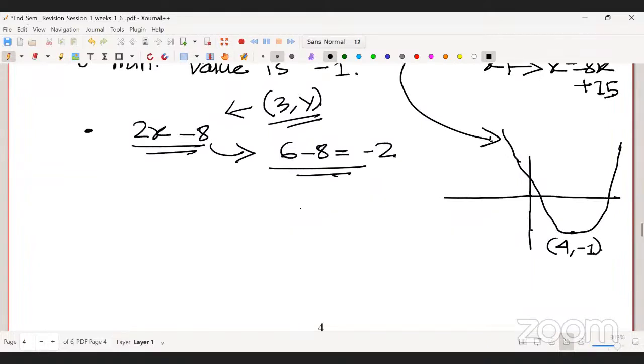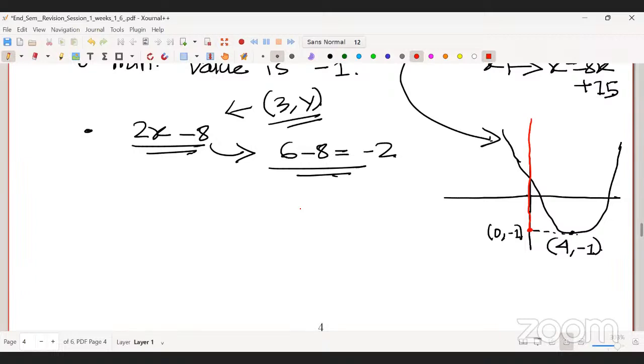So that means this point on the y-axis is (0, -1). As you can see, all the points in this line which are above this (0, -1) are precisely in the range of this parabola.